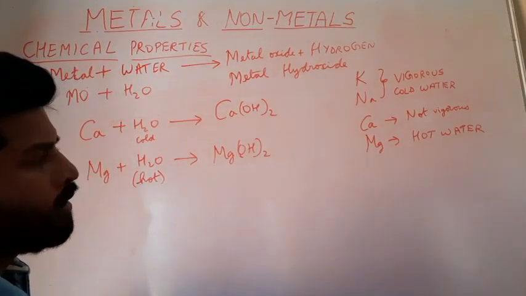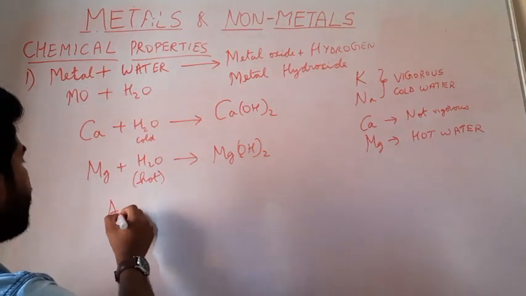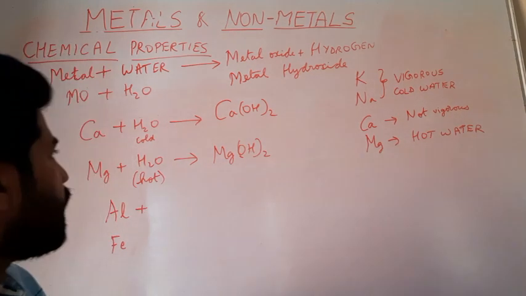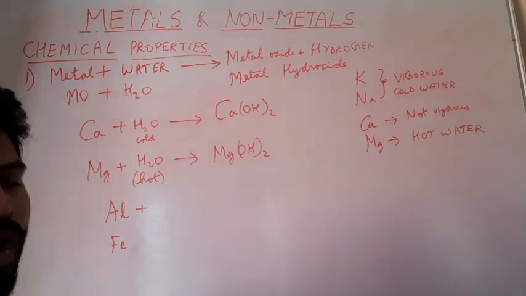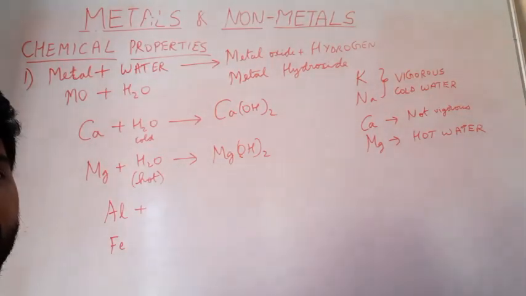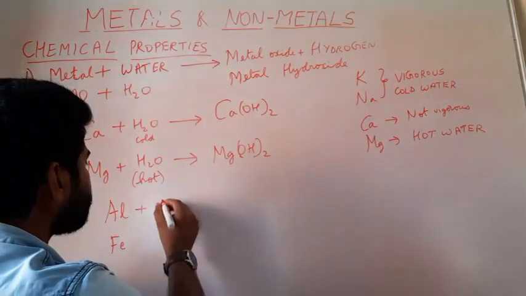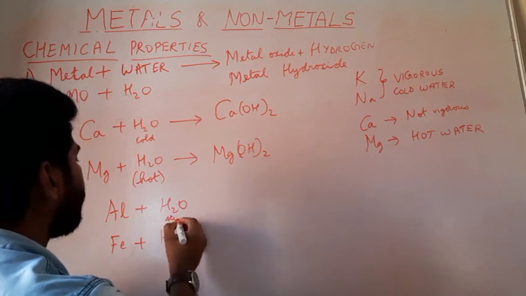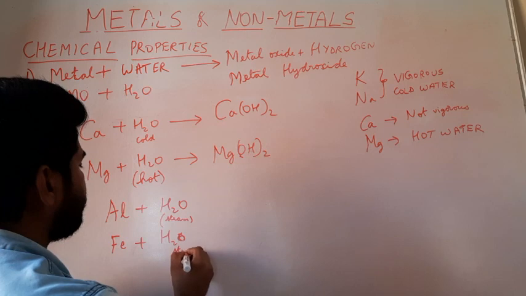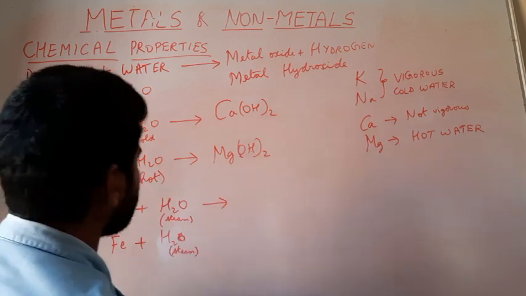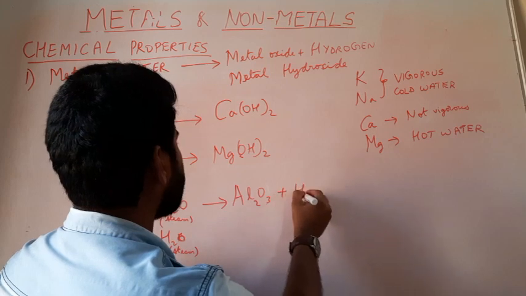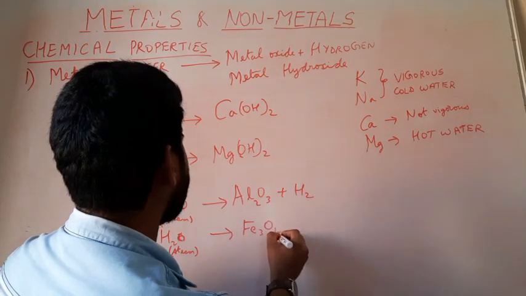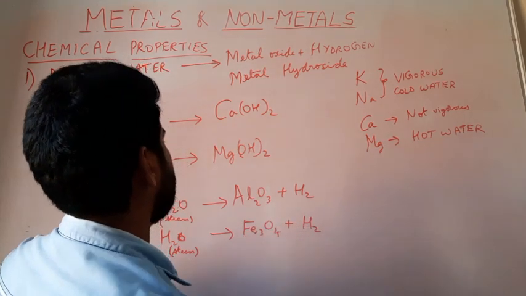If you take the case of aluminium and iron, they do not react with hot water, instead they react with steam. So water in the form of steam, producing aluminium oxide plus hydrogen and iron oxide plus hydrogen.